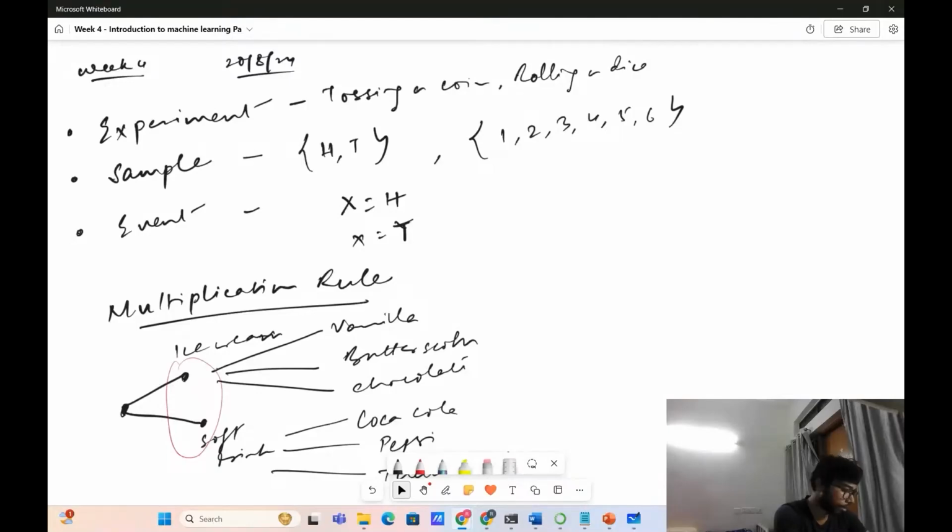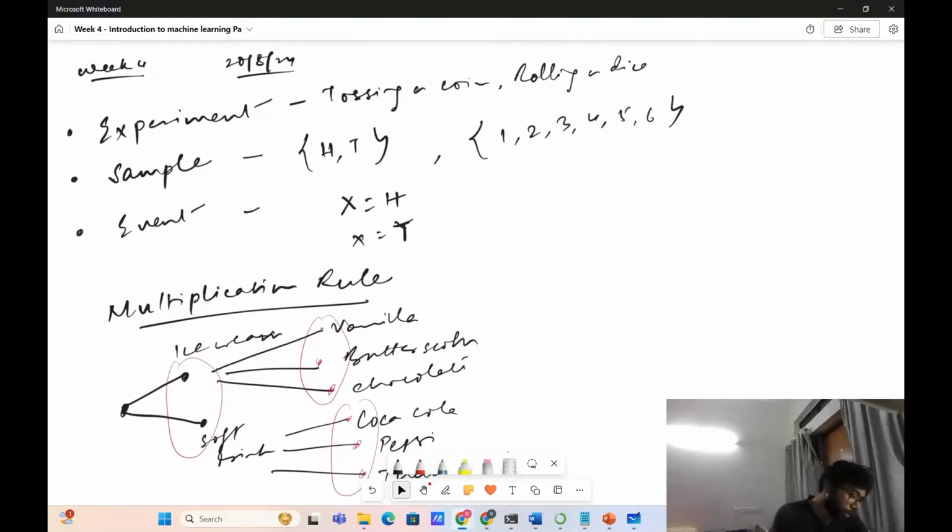The second experiment is that if you choose ice cream, then you get to choose between three more flavors of ice cream, and if you choose soft drink, you get to choose between three more flavors of soft drinks. So you're doing two experiments, and the outcome of the first experiment is either ice cream or soft drink. The outcome of the second experiment could be these things for ice cream, these things for soft drinks, and so on.